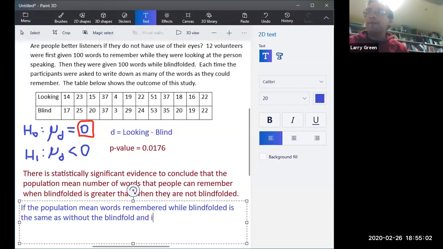And if we tested another, how many we got? 1, 2, 3, 4, 5, 6, 7, 8, 9, 10, 11, 12. Oh, 7 at the top. 12 people or volunteers.